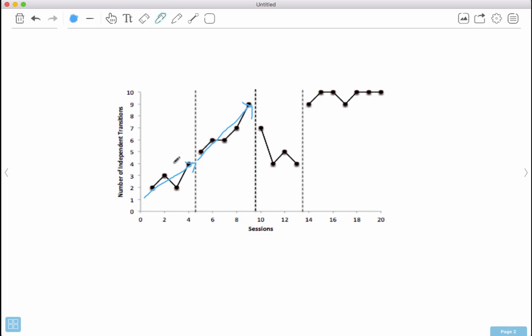So we see here that the behavior was already beginning to increase, and we can't be sure that the intervention had any effect on the behavior because the behavior was already moving in that direction, was already increasing over time.